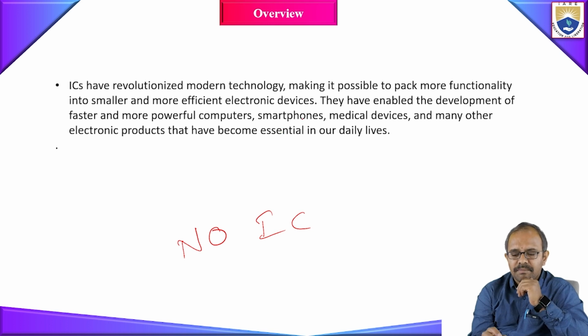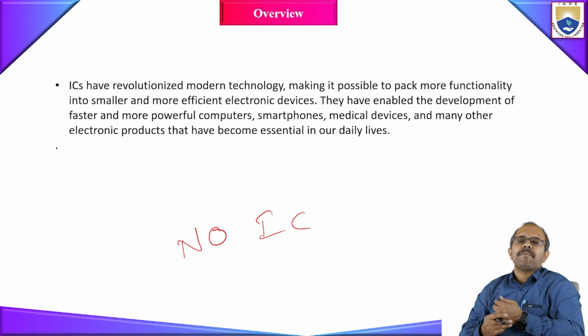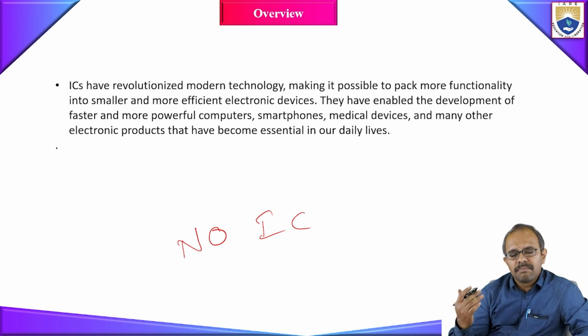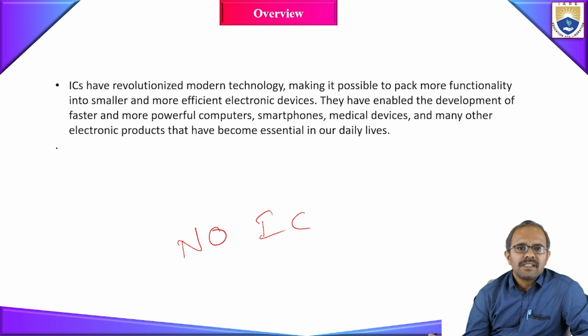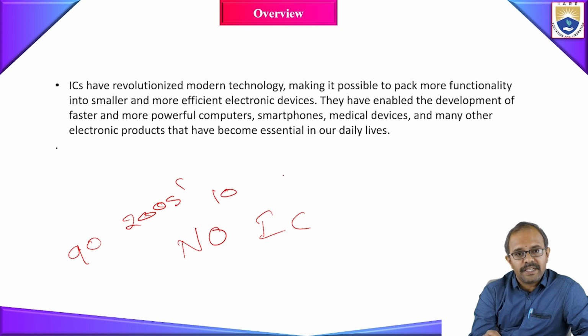That's why we can say they are going to revolutionize modern technology, making it possible to pack more functionality. For simplification, we said amplifier as a circuit. So there are many functionalities that a single IC can perform. Just imagine the nature of the motherboard in the early 90s, in the early 2000s, in the 2010s and in the 2020s.